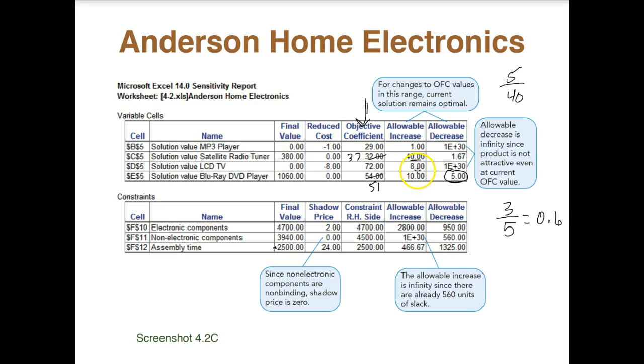And let's see. So I think we had the satellite radio tuner going up $5. So that should be an increase of $5 over that, which should be 1/8, which is about 0.125.